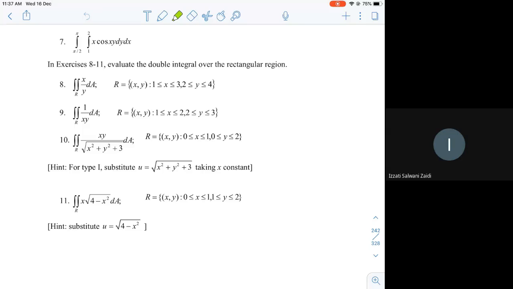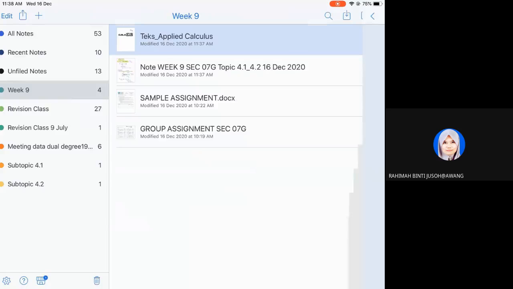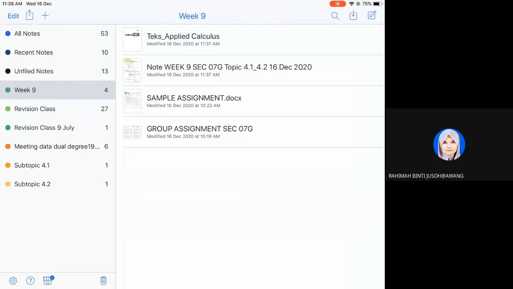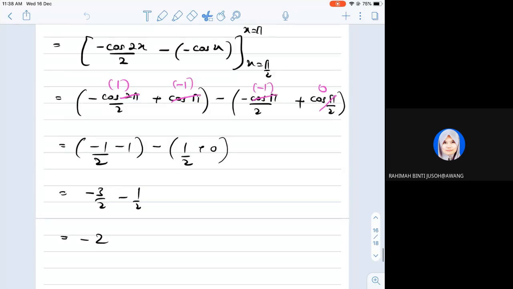Panjang. How about question number 8? Okay, let's do question number 8 lah, sebab jawapan dia ada long tu sebenarnya.